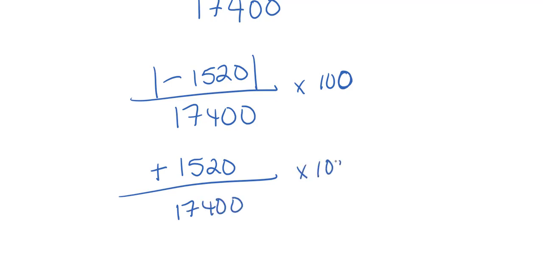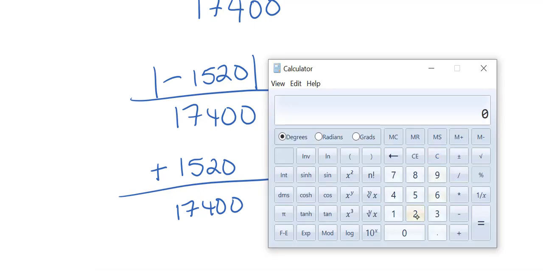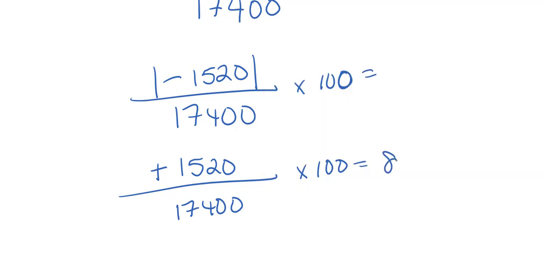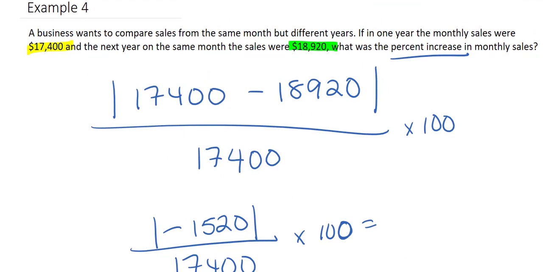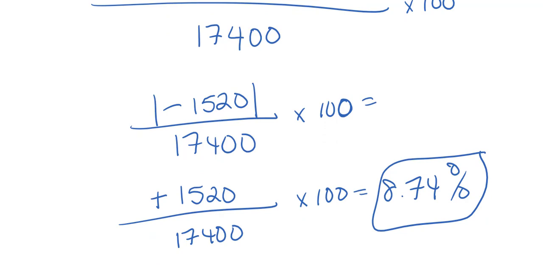We multiply that all by 100. And we get 8.74%. And that would be our percent increase in the sales. So to go from 17,400 to 18,920, we saw an 8.74% increase.